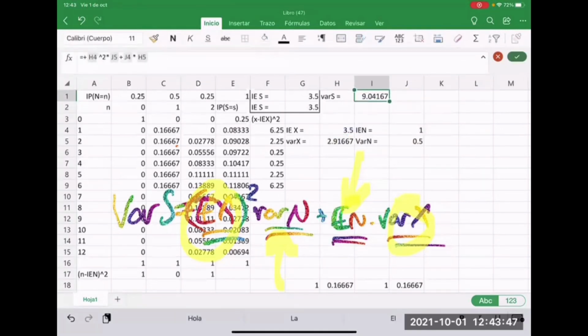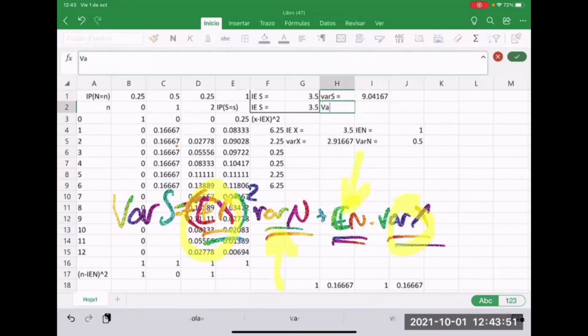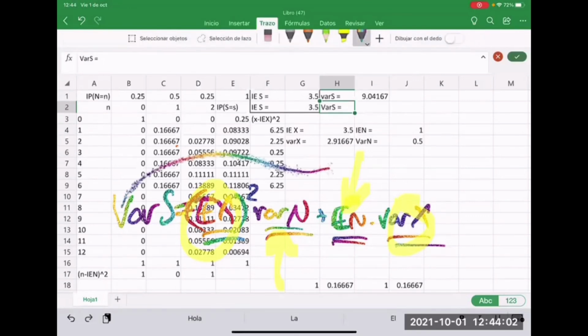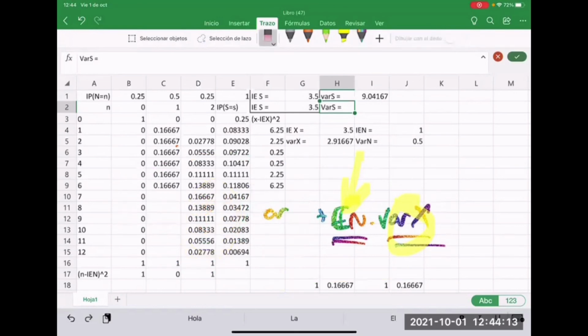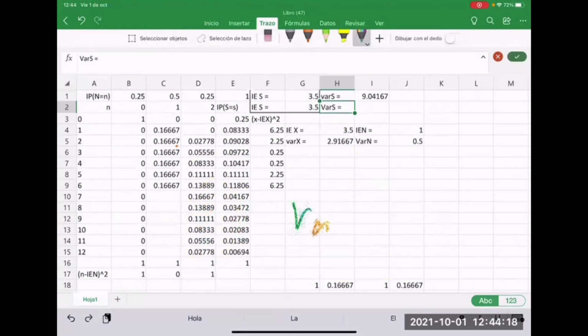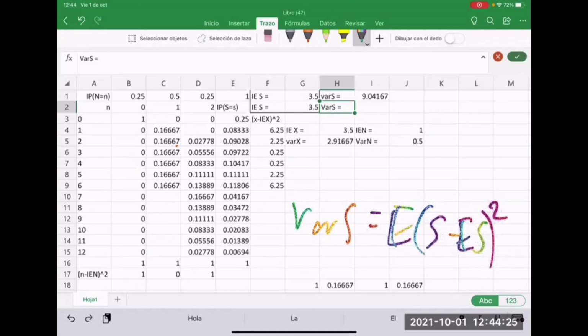I got a 9.04. And well, I can also compute the variance of s by means of just the definition of the variance of s, right? In here, for all I just did with this formula, I used what we learned in the previous chapter. All we need to do now is to take that the variance is just the expectation of s minus the expectation of s, squared.